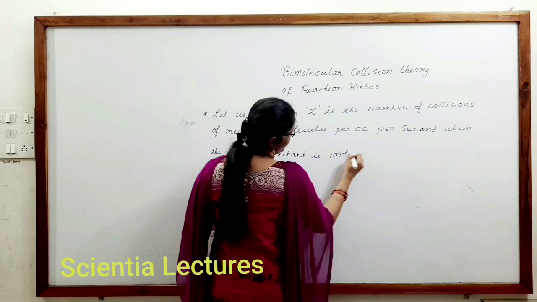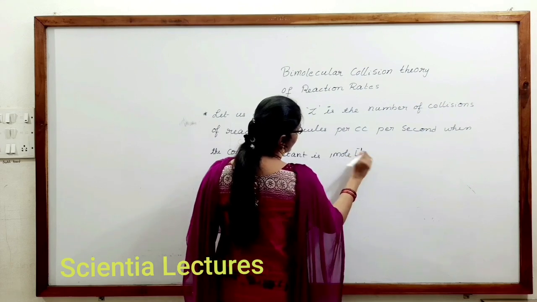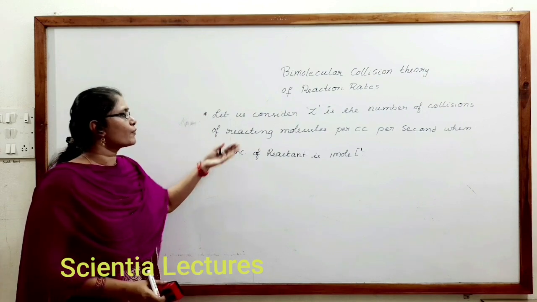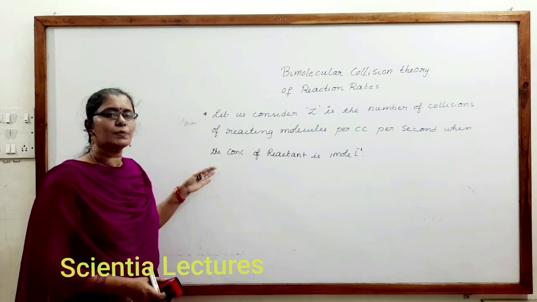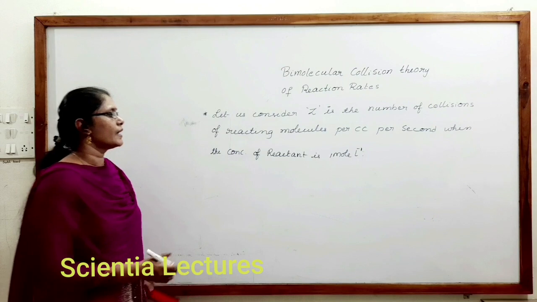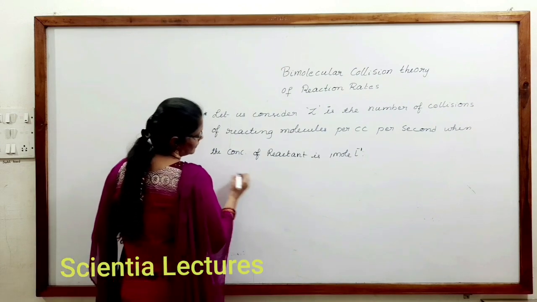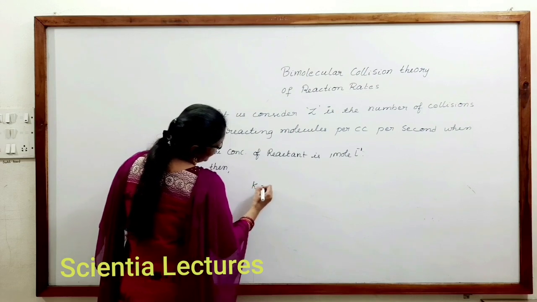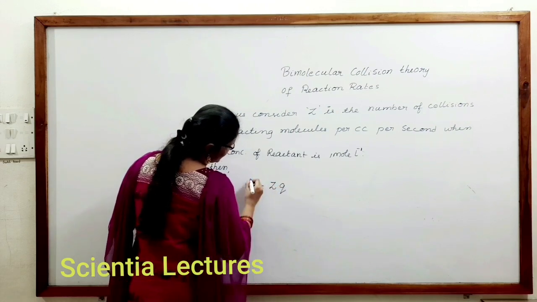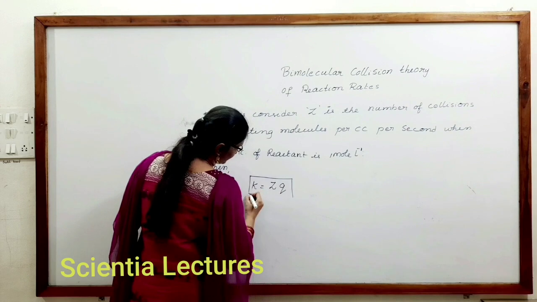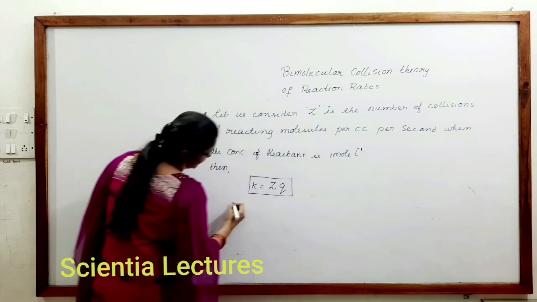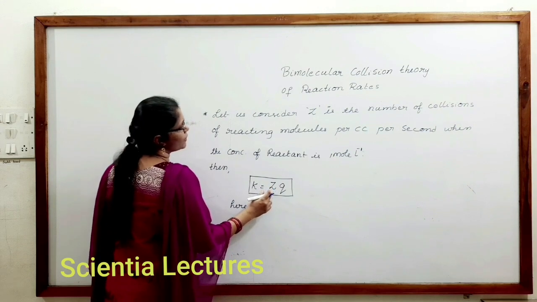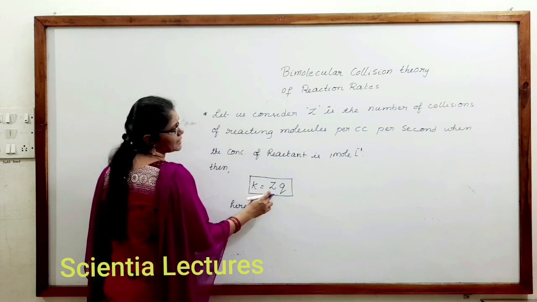So if you consider the concentration of reactant to be 1 mole per liter, and Z is the number of collisions made by reacting molecules per cc per second, then K must be equal to Z into Q. Here K is the rate constant, Z is the number of collisions of reacting molecules per cc per second.